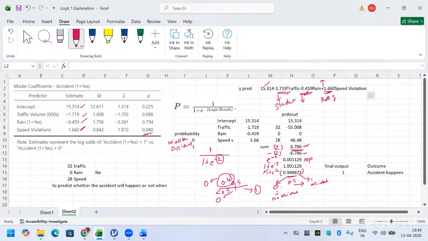Accidents are happening only because of speed violations. If there is no proper control on speed, people are not able to control the vehicle and they hit something. So this is the observation. Is that clear, or does anyone have any doubt?